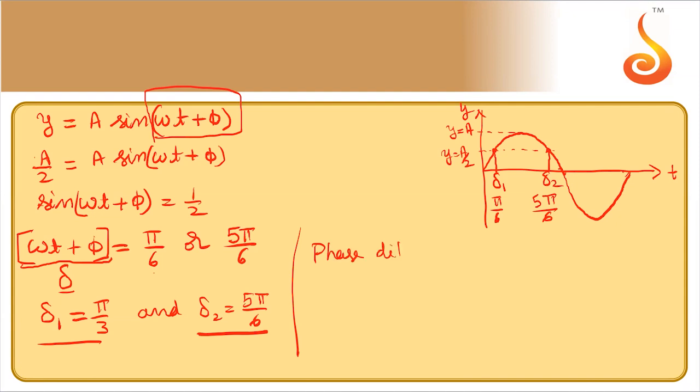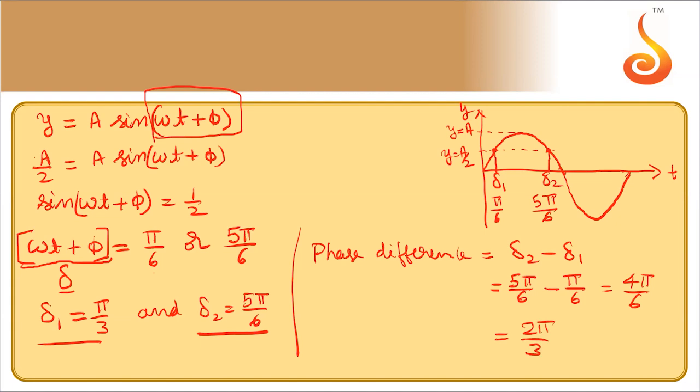So phase difference between them should be equal to delta 2 minus delta 1, that is 5 pi by 6 minus pi by 6, that will be 4 pi by 6, that is 2 pi by 3. See, an easier way is, this is 30 degree, this is 150 degree, difference is 120 degree. So that must be option A.